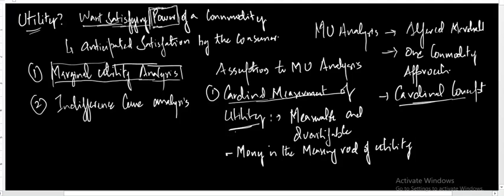Now, what does this marginal utility analysis mean when it says that money is the measuring rod of utility?